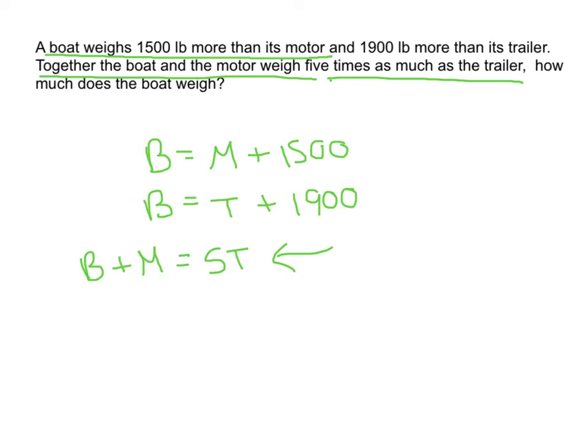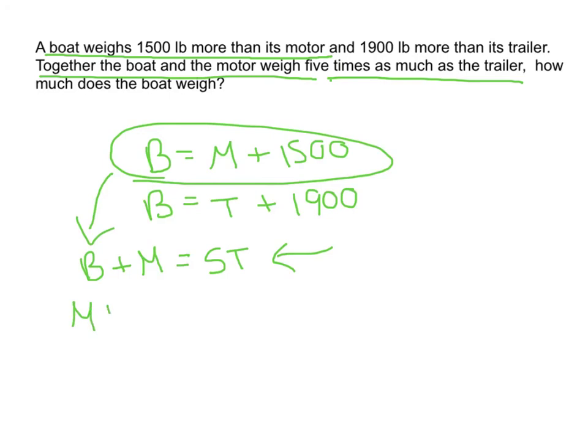If you want to keep B, M, or T. Now because I already have B is equal to M plus 1,500, I'm just going to rewrite that into my third equation. So this is just going to replace M plus 1,500 so that replaces b, plus m, that's already there, is equal to 5t.